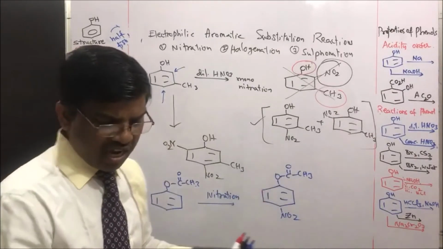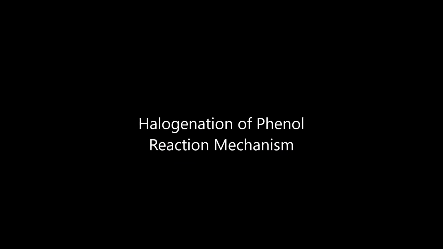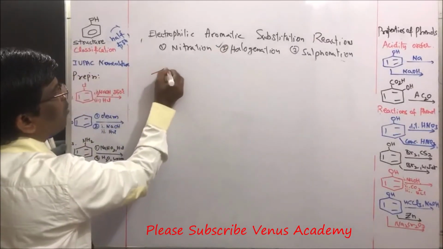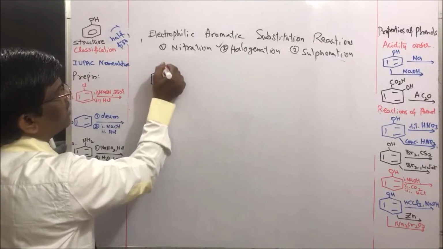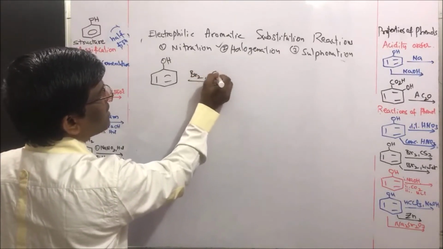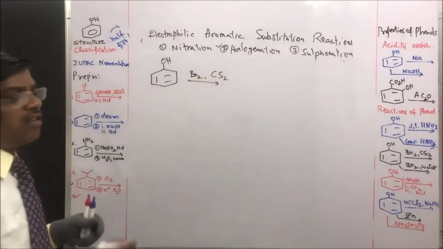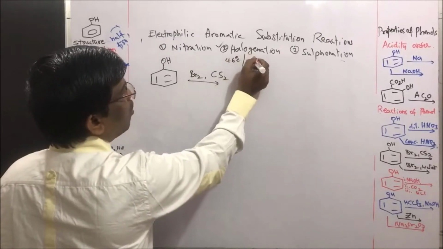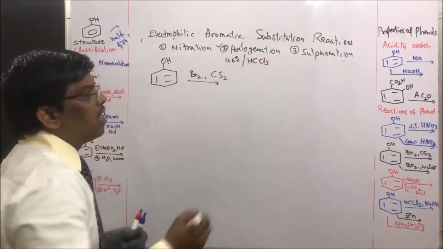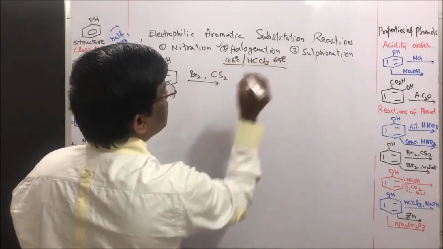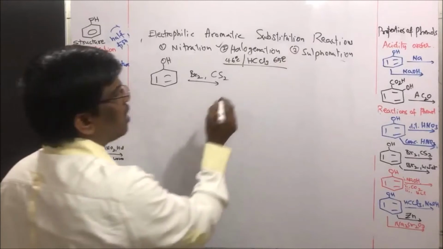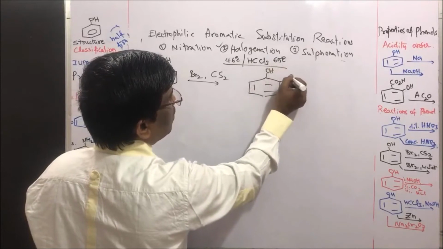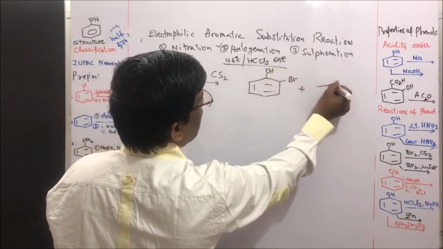Let us see bromination reactions. Bromination or halogenation; let us take bromine as an example. Bromination depends on solvent. If I use bromine in carbon disulfide, which has a boiling point of about 46 degrees centigrade, or chloroform, CHCl3, with a boiling point of about 65 degrees centigrade, it undergoes monobromination, or monohalogenation, forming ortho plus para.